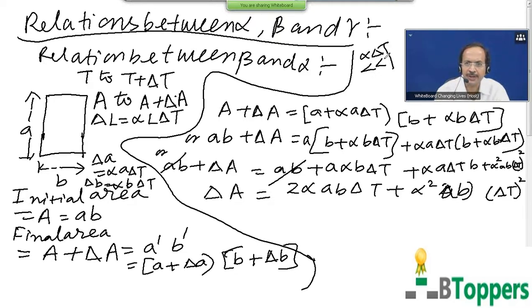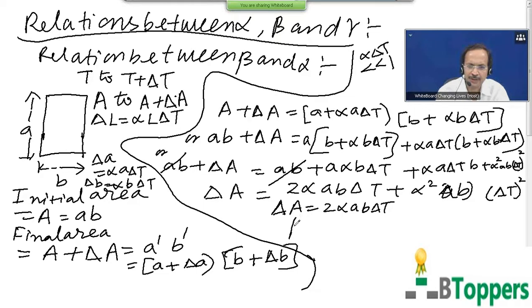So if the rise in temperature is 100 degree centigrade, then the product alpha into delta T is 12 into 10 power minus 4. So the term containing alpha square can be neglected compared to the other two terms. Therefore, increase in the area you can write as 2 alpha into ab into delta T.